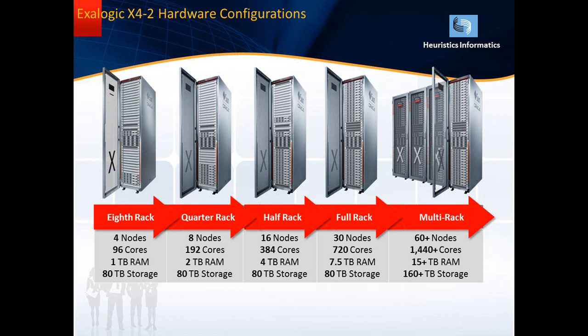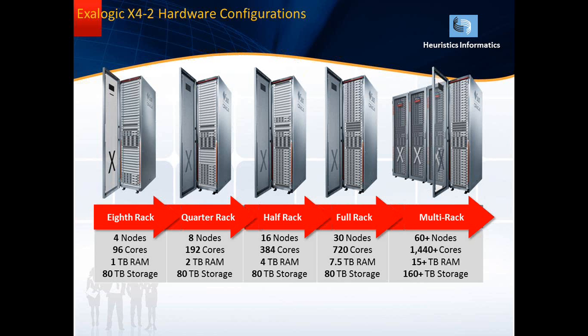So these are the different flavors that are available from Oracle, which the organization can purchase as per their needs. Once we purchase the 8th rack, we can convert it into a quarter, half, or full rack by adding components to the existing configuration.